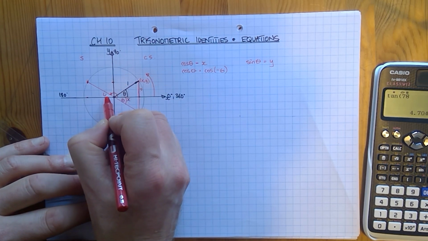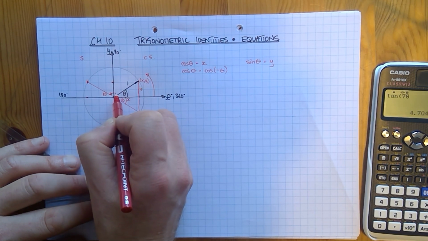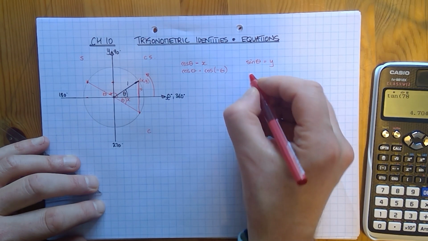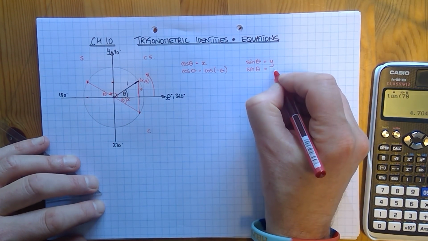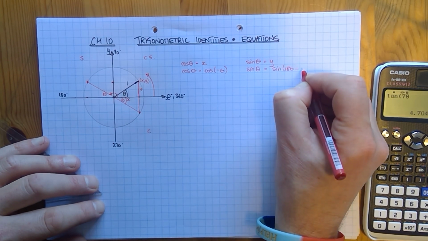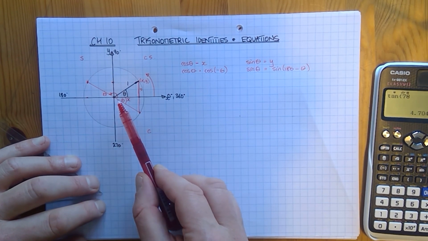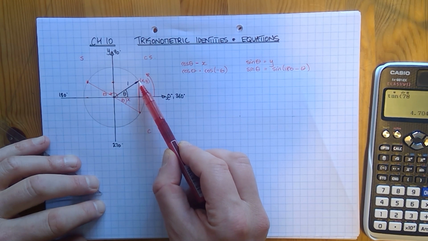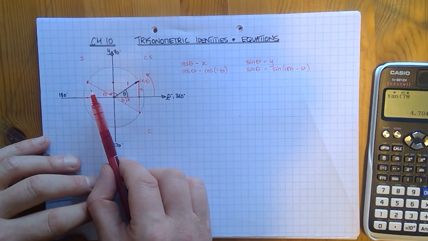Now, if this is theta, because it's the same as that, then this angle round here is 180 take away theta. So sine theta is the same as sine of 180 take away theta. So if you're dealing with sine, you draw a line like our original black line here and a red line here that reflects around the y-axis.